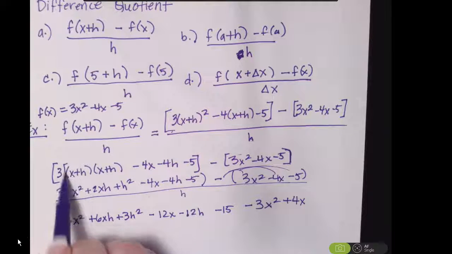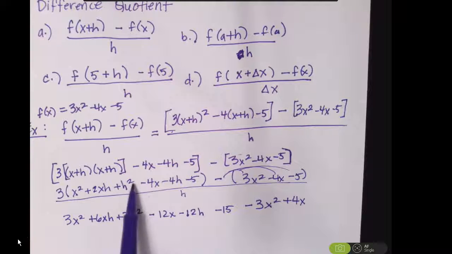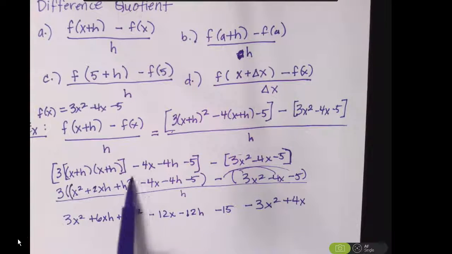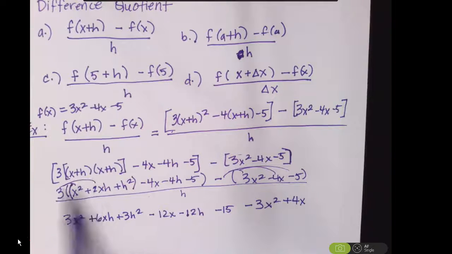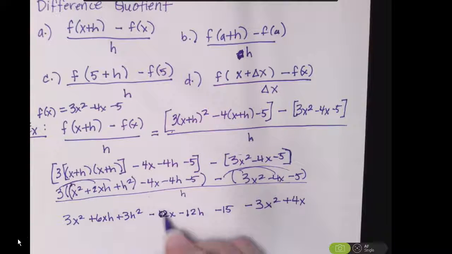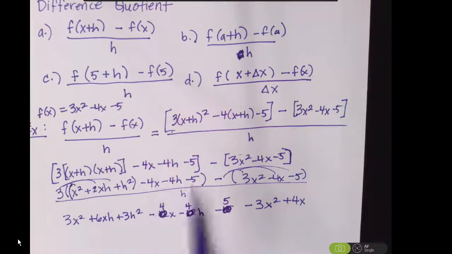This 3 times x plus h squared, so that 3 was just supposed to be for these 3 items, not the whole expression. Okay, so let me go back and fix that. This is still, instead of minus 12, that's still a minus 4, a minus 4, and a minus 5. Minus 4x minus 4h minus 5.